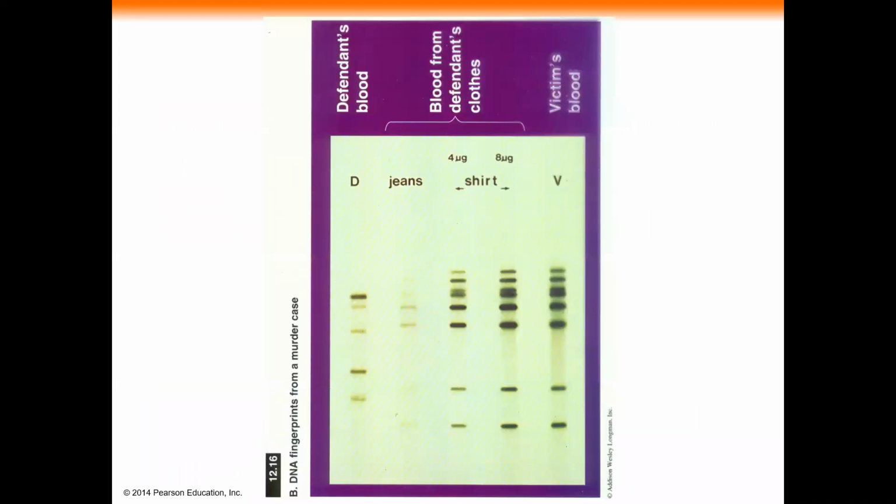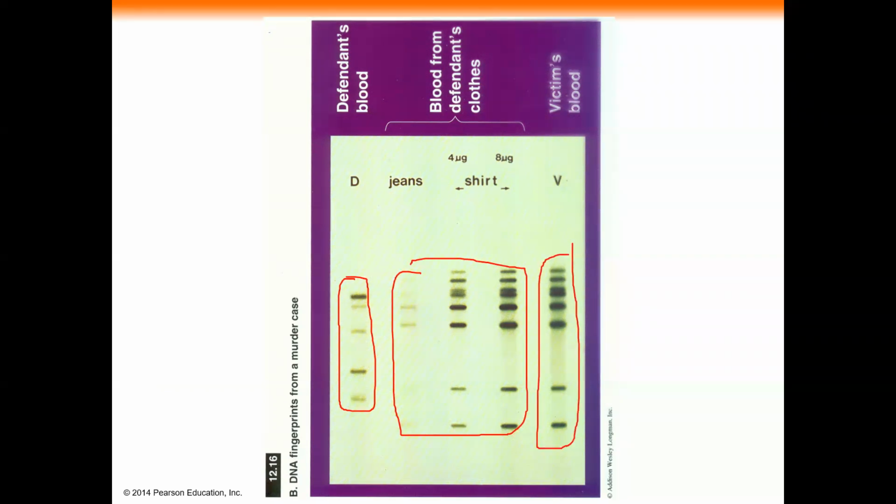So what you do is you look at the defendant, AKA the person that is being accused of the crime. Here is blood from another person's clothes, and here's the blood from the victim.